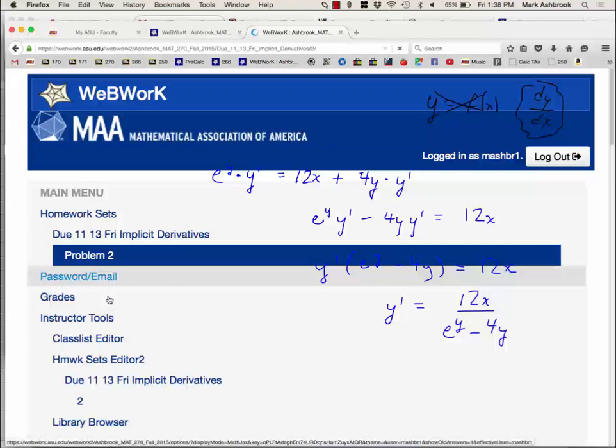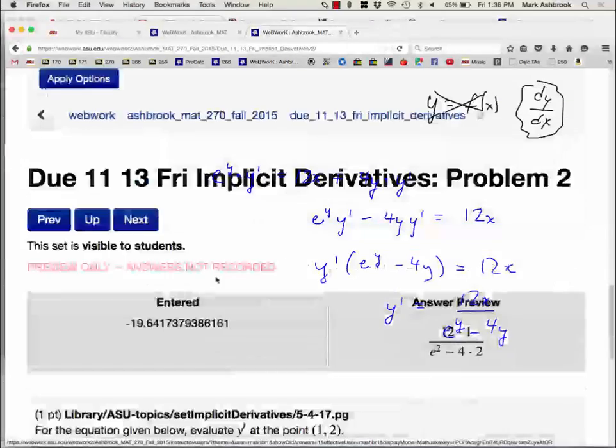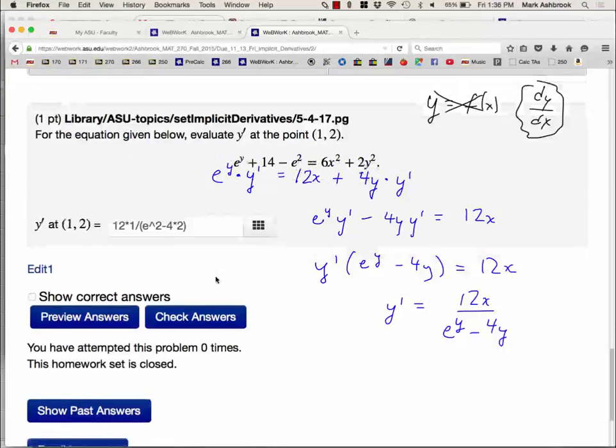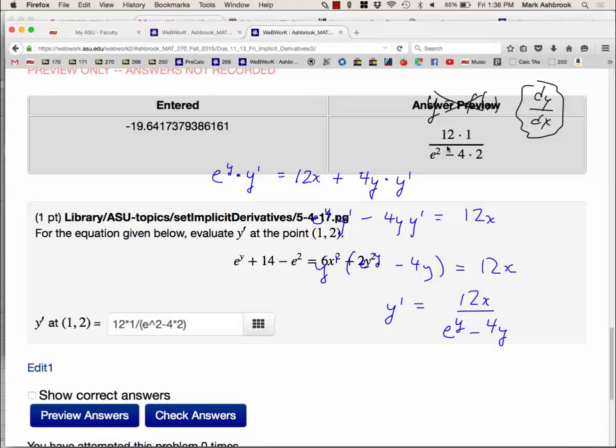If I go to preview here, it shows me right here, answer preview: this is what you put in the answer box. This is very helpful when it gets complicated with x's and y's. This is what we wanted, 12 times 1 over e to the 2 minus 4 times 2. So I didn't use an attempt there, but I get to see the way WebWork interpreted what I wrote, so I might have to adjust my parentheses, without wasting an attempt.